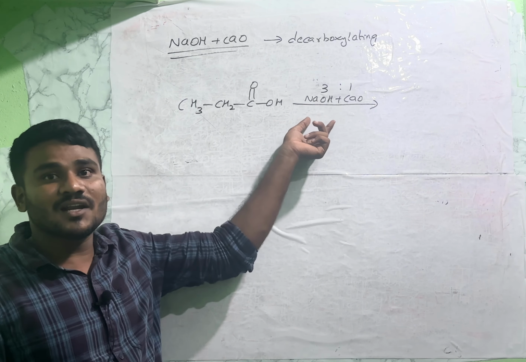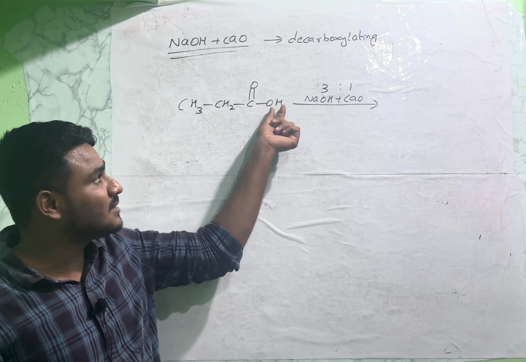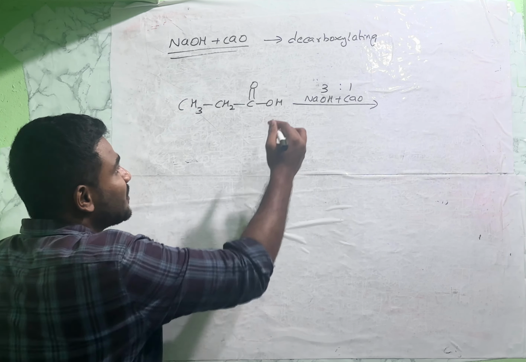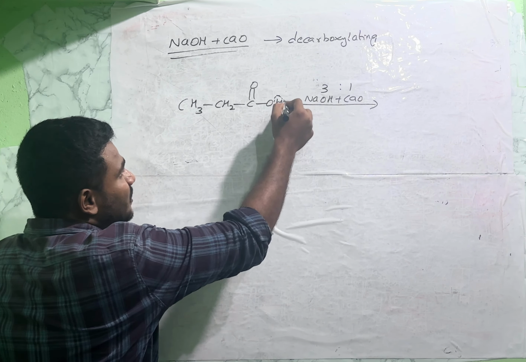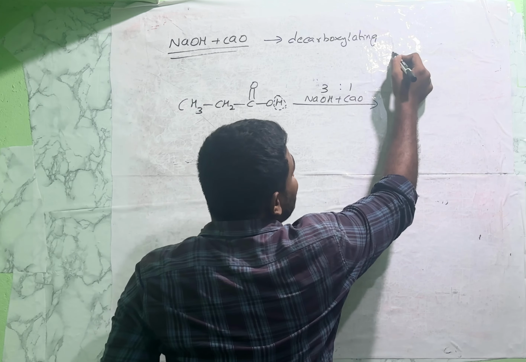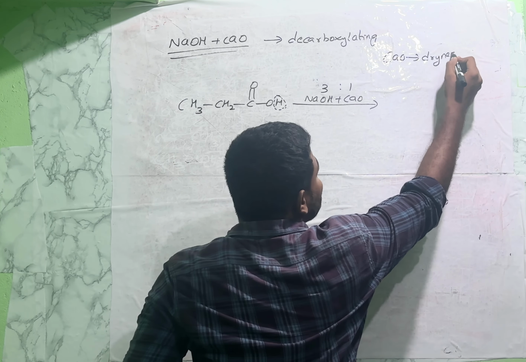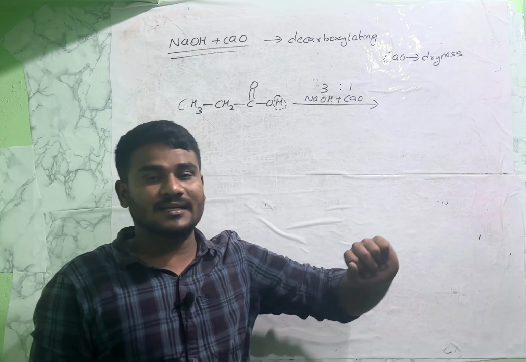What is the use of NaOH here? This NaOH will abstract this H plus. Okay, the use of NaOH is to remove this H plus. Remember this point. And what is the use of CaO here? CaO is used to maintain dryness in the reaction.